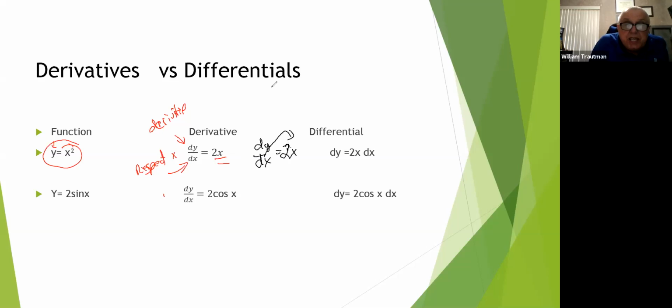The opposite of dividing by dx is multiplying both sides by dx. Those cancel. And we're left with dy equals 2x times dx. That's the differential.